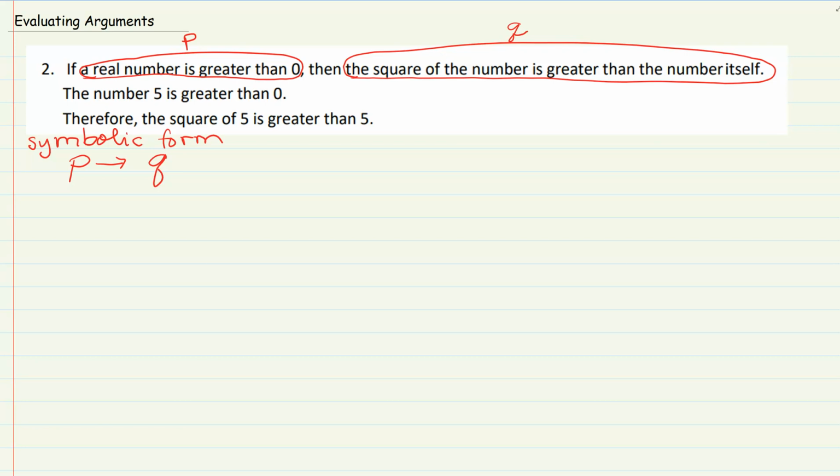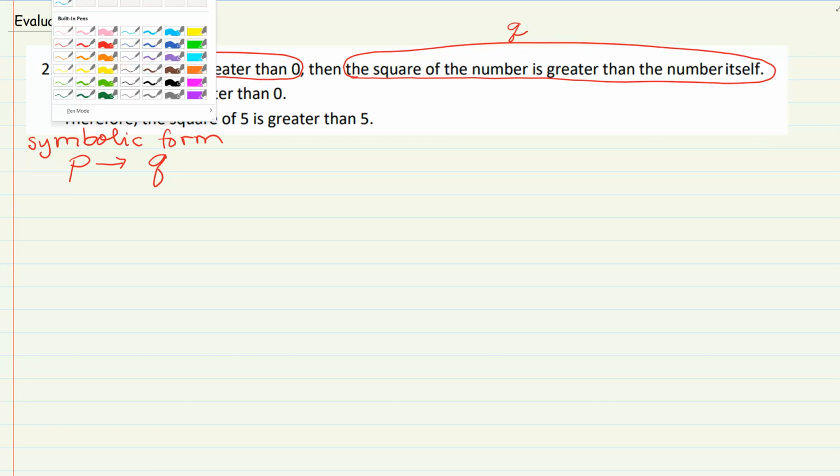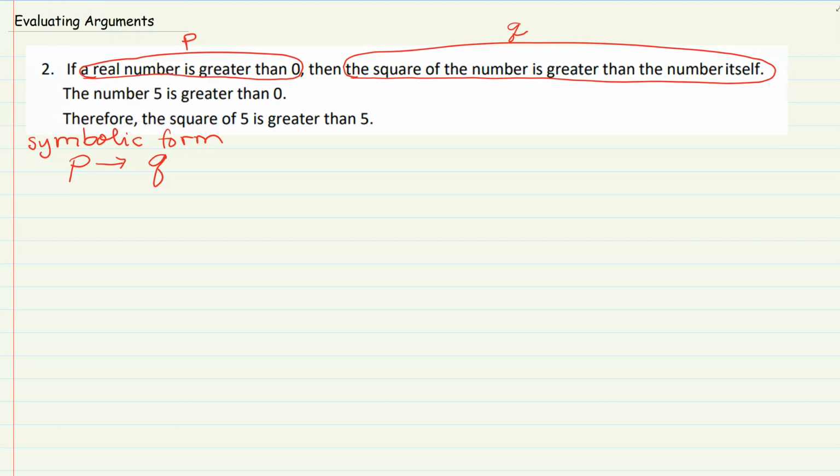Premise number 2 says the number 5 is greater than 0. The attribute of being greater than 0 is the statement P, right? In this case, it applies to that particular number 5.